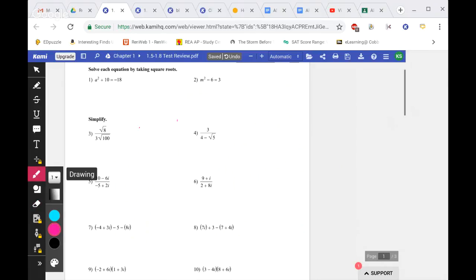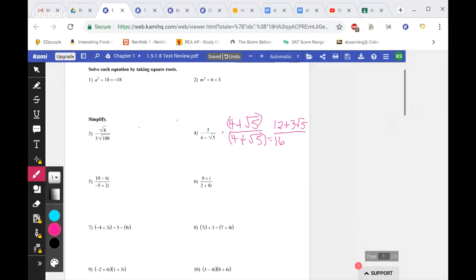All right. Number 4, to simplify, we're going to take the conjugate. And the conjugate is 4 plus the square root of 5 over 4 plus the square root of 5. So we're going to distribute our 3 to both of those. 3 times 4 is 12, and 3 times root 5 is 3 times root 5, all over... The conjugate is much like multiplying by the difference of squares.